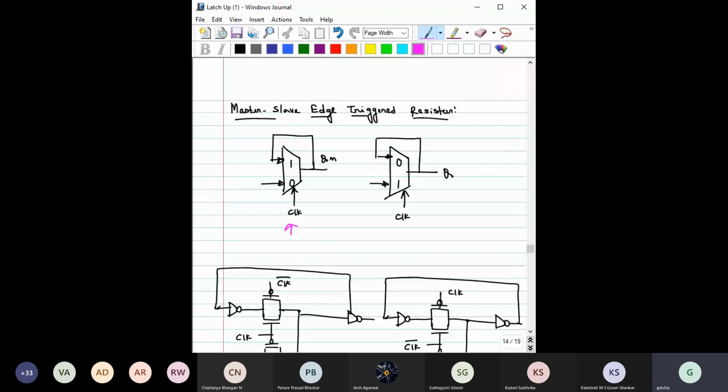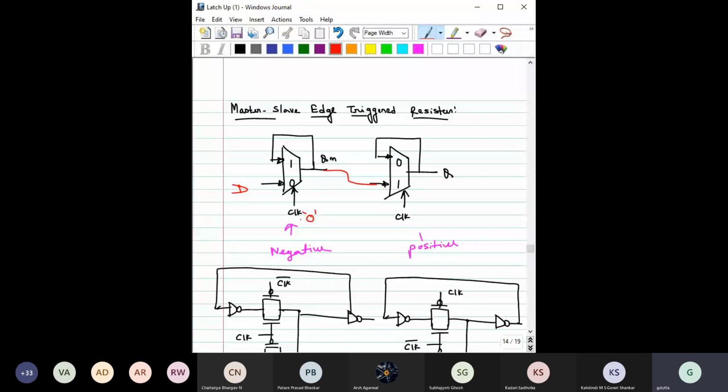This is negative. This is a negative latch. This is a positive latch. What if we connect this output with this input, and say now this is the D input?